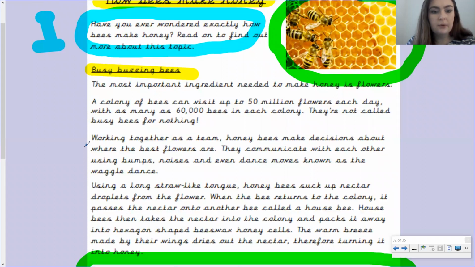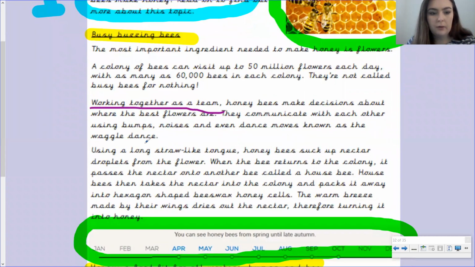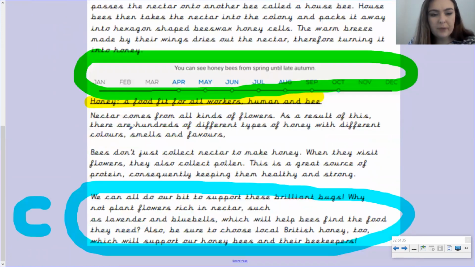There's none here. Oh, there we go. There's a fronted adverbial for us. If we keep going down, no more fronted adverbials in that section there. Oh, this is a fronted adverbial here.